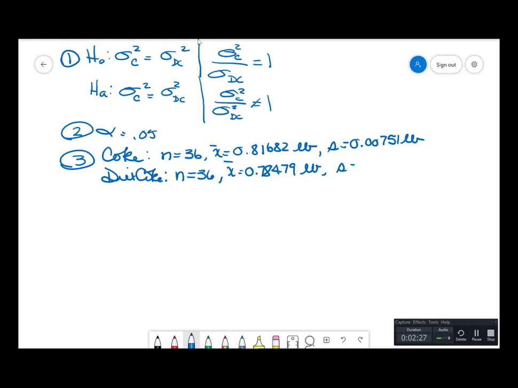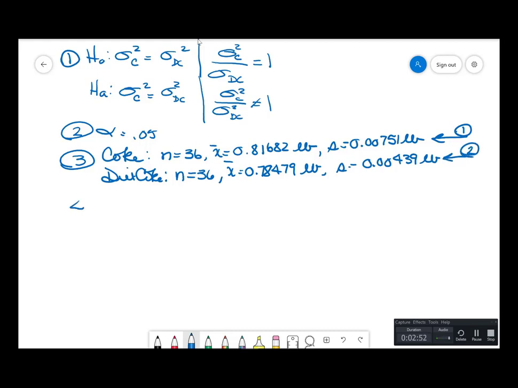And the standard deviation of our Diet Coke is 0.00439 pounds. Okay, now in your book it said that the larger standard deviation is always your group 1. So that's going to be our Coke, and then our Diet Coke will be group 2.